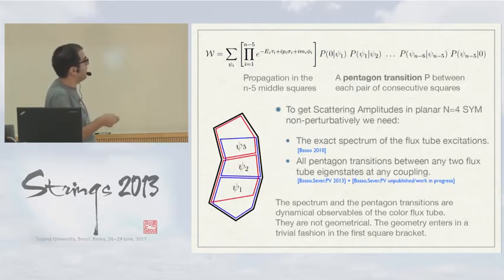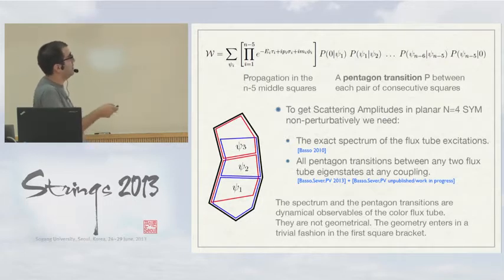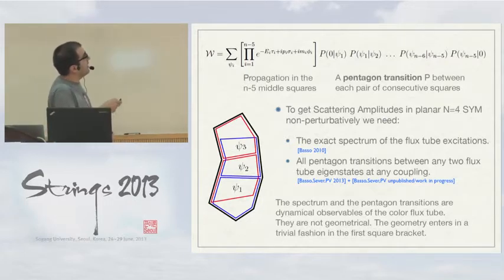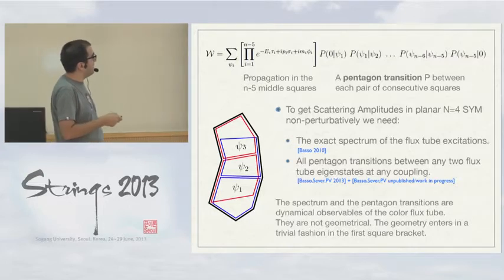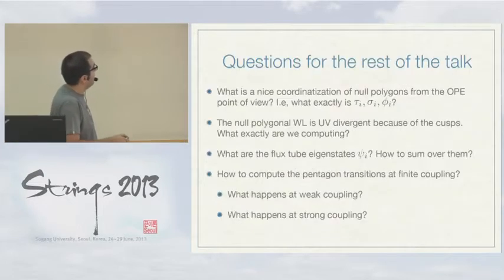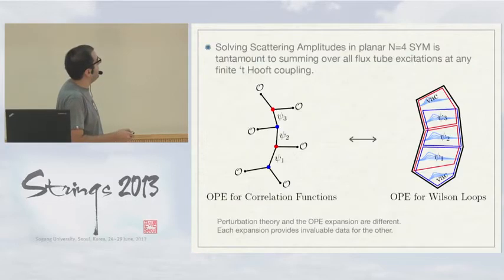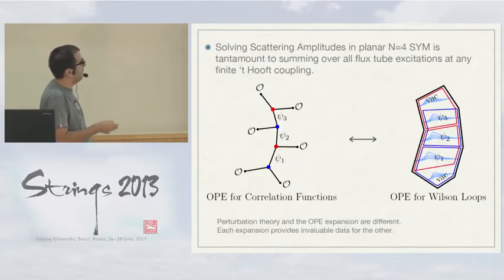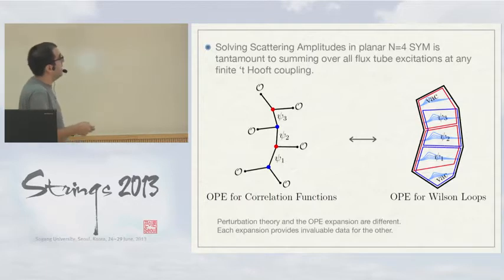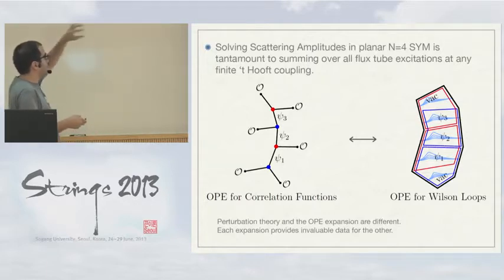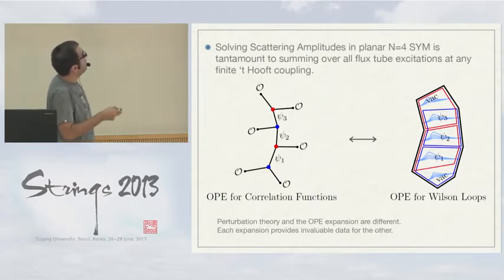Then the first middle square and the second middle square, psi2, psi3, and psi3 and the vacuum. Or more generally, it's something like this. This is what takes into account the transitions. It's exactly the analog of a three-point function. So here is a three-point function, here is the first blue pentagon. Here's another three-point function, the second red pentagon. So this stuff just takes into account the gluing between consecutive squares.